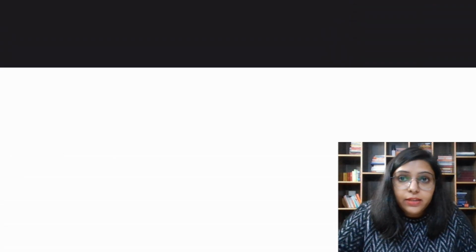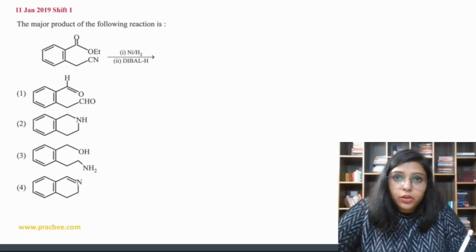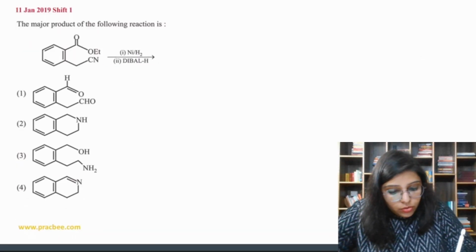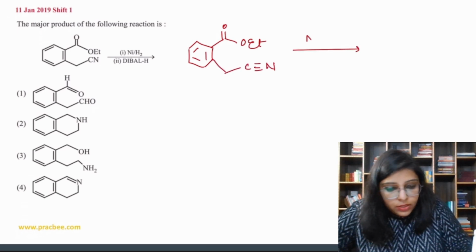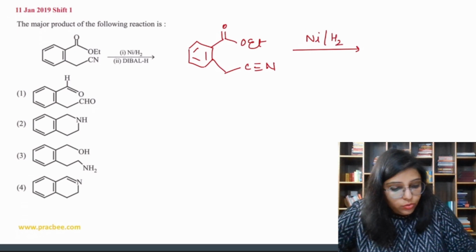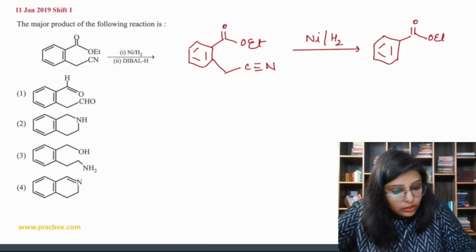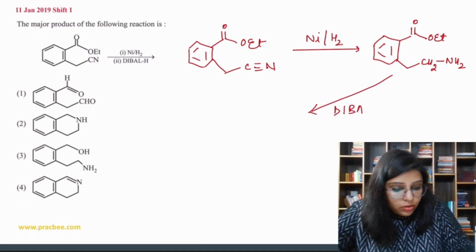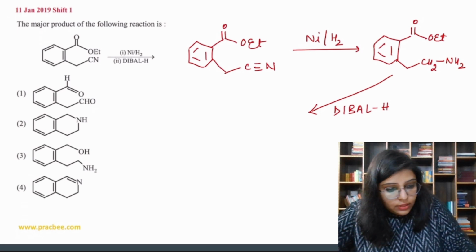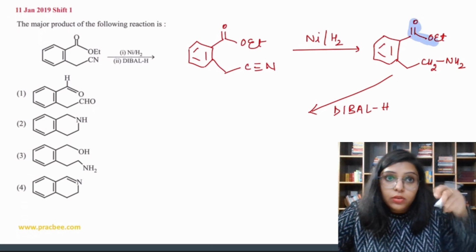Okay, now let's do the next question. The major product of the following reaction is, so we have this C double bond O, OEt and we have C triple bond N. In the presence of Ni and H2, what we are going to do, cyanide is reduced to amines. So we write CH2NH2. Now DIBAL-H, esters are converted to aldehyde.